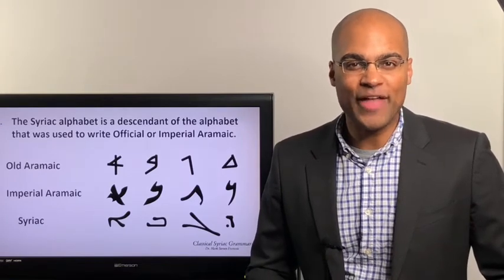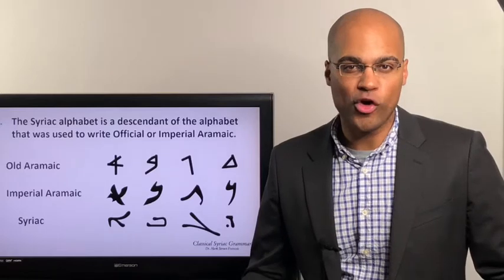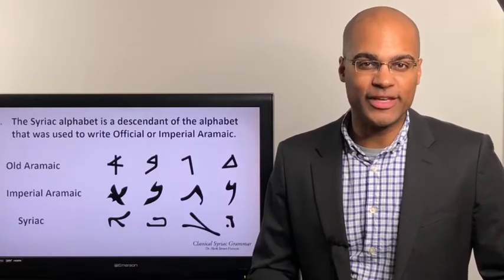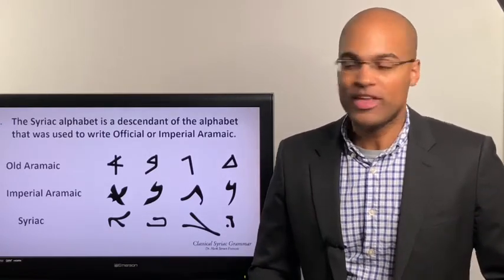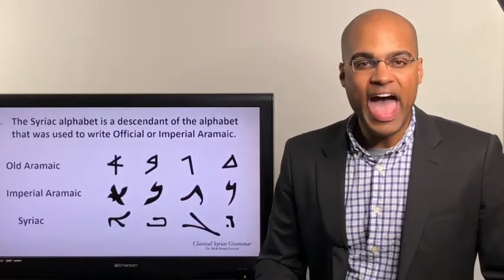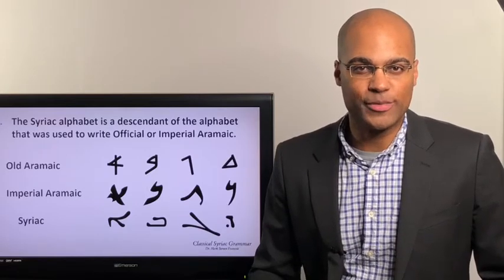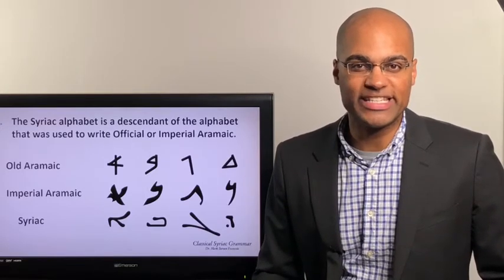So the chart that we have here on the screen definitely oversimplifies things. But when you take a look at the various forms of the Aramaic alphabet, we can see how one form of a letter could easily develop into the next form of the letter. So at the very top we have the first few letters of the Aramaic alphabet as they would appear in old Aramaic inscriptions. So these would be inscriptions that come from around 700 BCE.